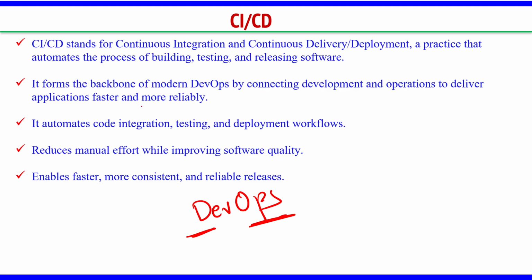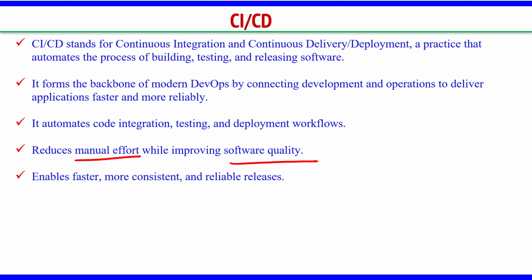What all things can it automate? Code integration, testing and deployment workflows. And CI/CD reduces manual effort while improving software quality. We will see some examples to understand where manual effort is required, and then we will go and see about the CI/CD thing.